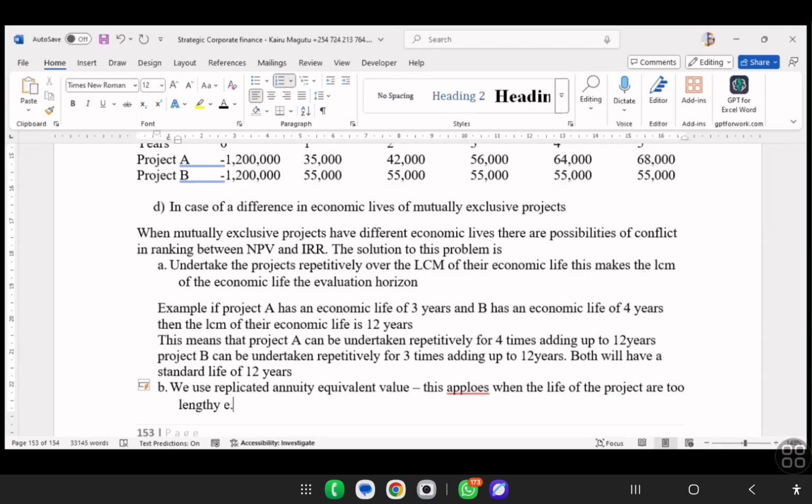For example, project A is equal to, let's say, 9 years, and B is equal to 13 years. The LCM is too high.